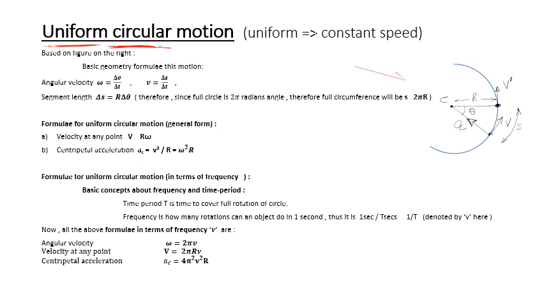So what I am pointing out here is an object moving in a circle like this, and its speed along the periphery or along the circumference of the circle is constant. So that is why it's called uniform. Uniform means the speed of the object around the circumference of the circle is constant. Okay. So this is uniform circular motion.